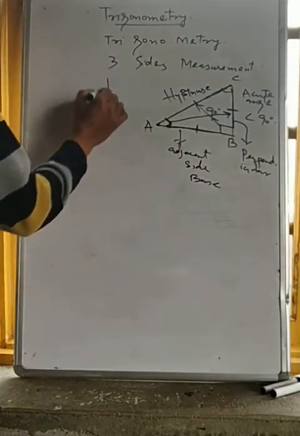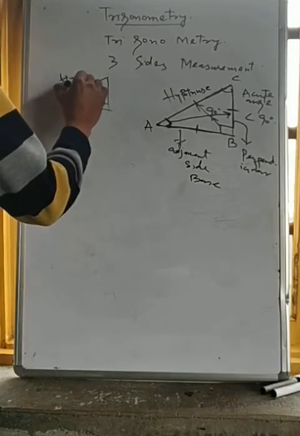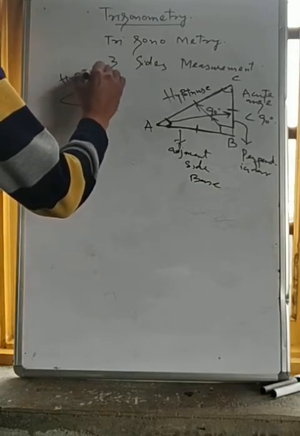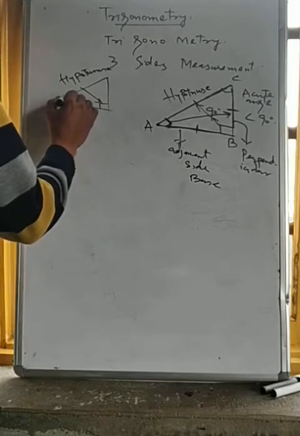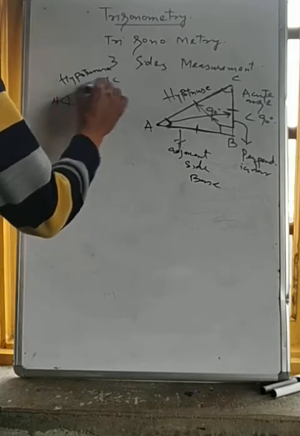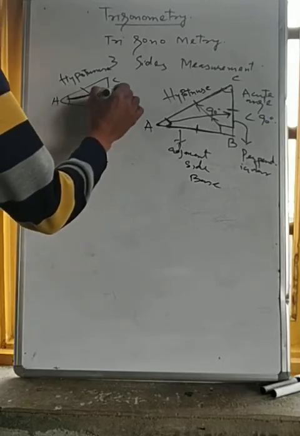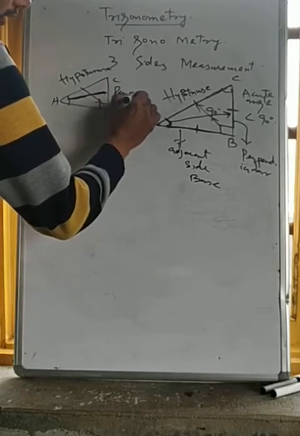So if we have a right angle triangle, this one is the hypotenuse because it is opposite to the 90 degree angle. And if we talk about this angle, this side is exactly opposite to this angle. It is called perpendicular.